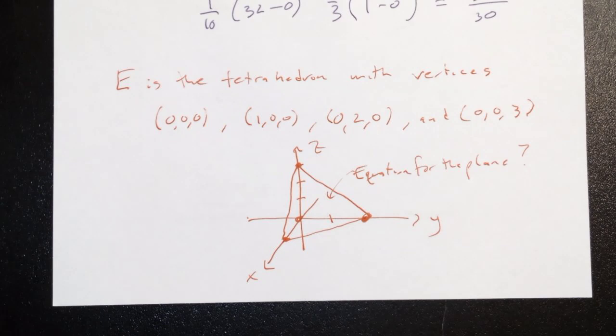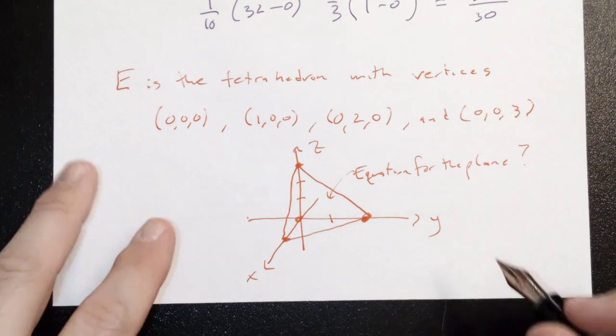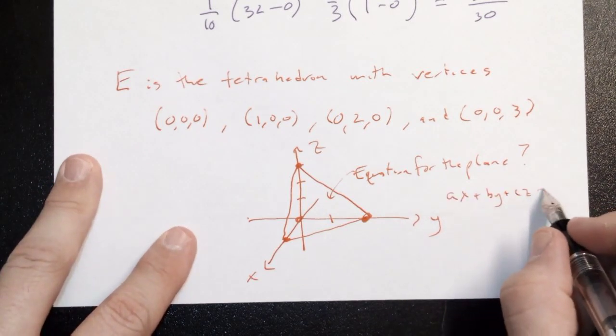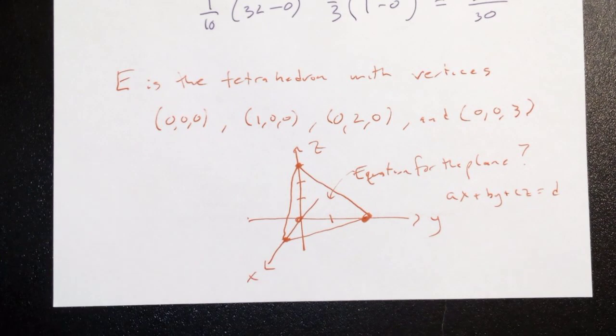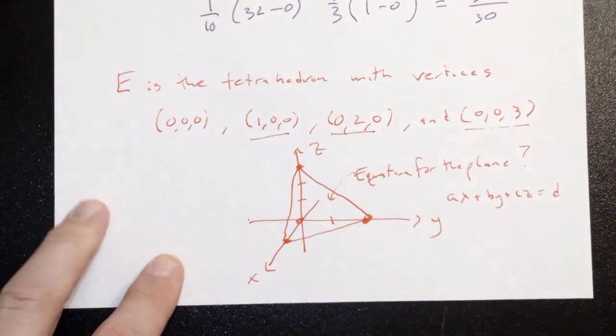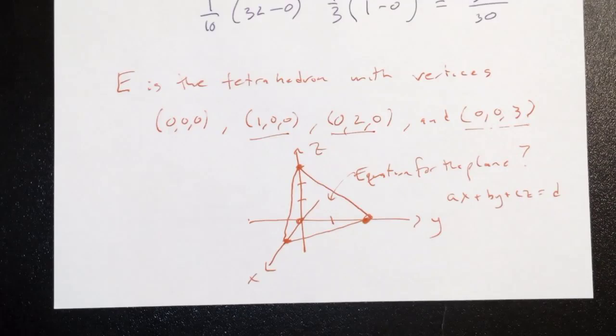I know for a fact that this equation for a plane should look like this, right? And it's got to go through those 3 points. 1, 2, 3. Yes? But those are also the intercepts, aren't they?